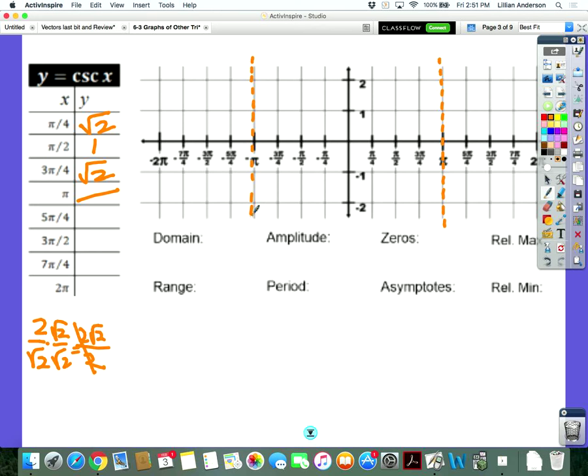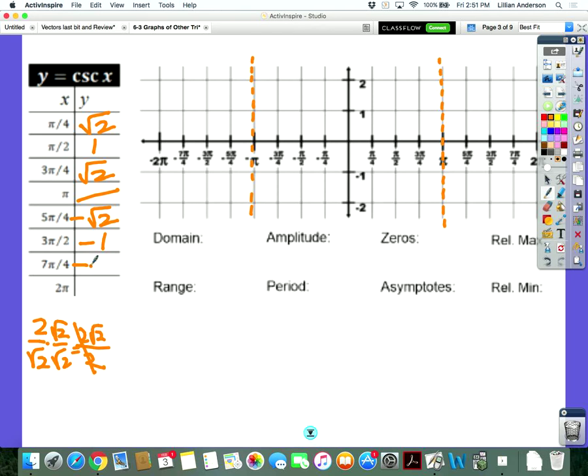Let's keep going. What was the sine of 5 pi over 4? Negative root 2 over 2. So when we flip it, it's going to be negative root 2. What was the sine of 3 pi over 2? When you flip that, it's going to be negative 1. What about 7 pi over 4?